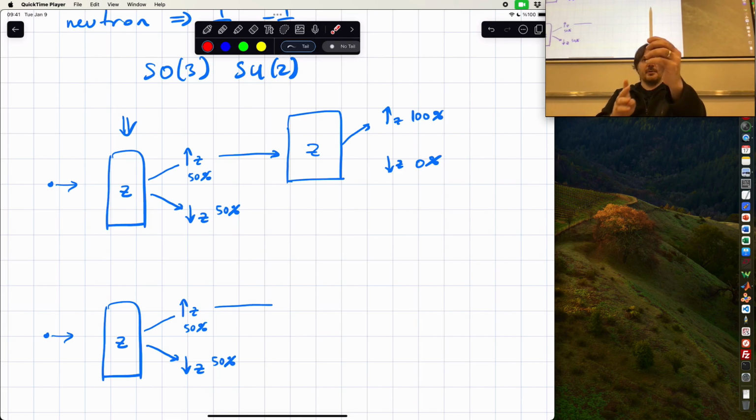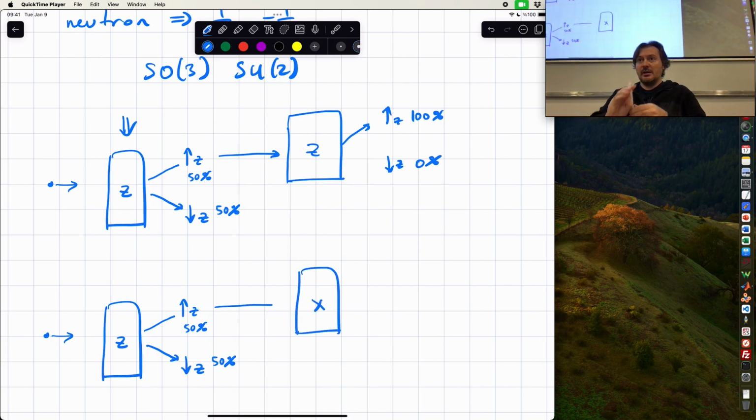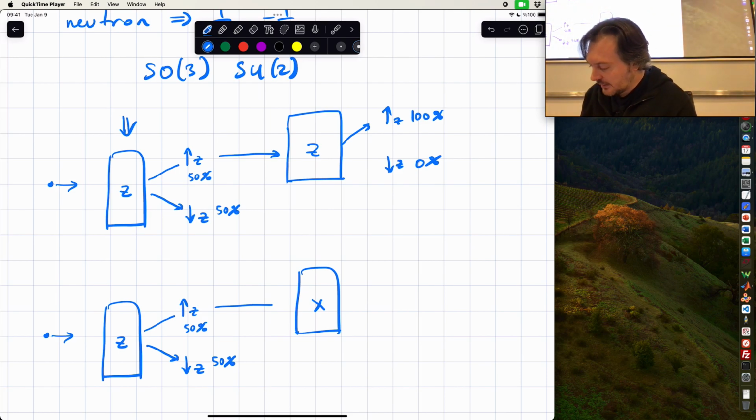You have an upspin coming, and now let's calculate in x direction. You are facing something that's coming towards you, and it's facing z direction, but you are calculating in x direction. What do you expect? 0. You expect 0, right? Classically.